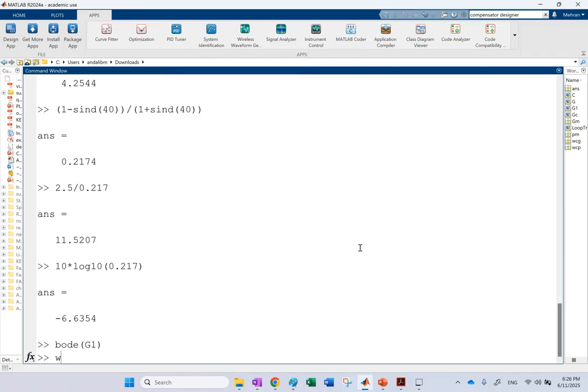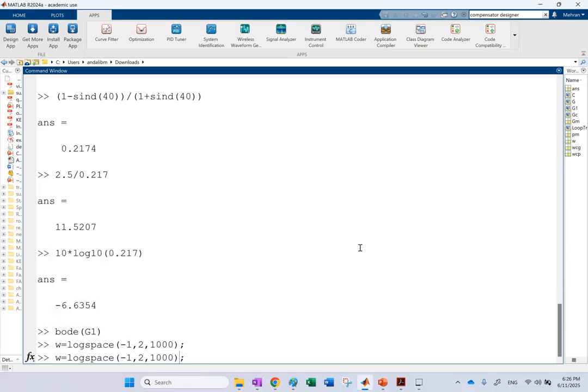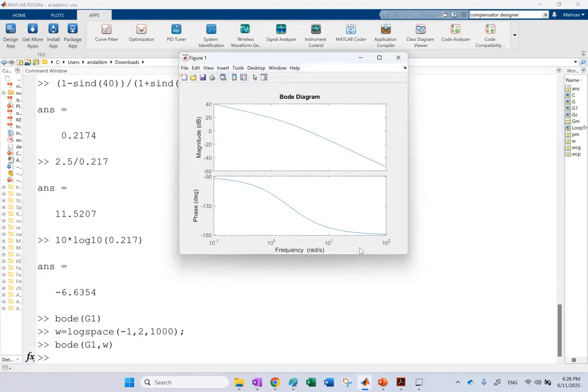But I can make a lot more frequencies by saying W equals logspace from 10 to the negative 1 to 10 to the 2, 1,000 frequencies. Use 1,000 points and do Bode of G. So now it does it with a lot more points here.